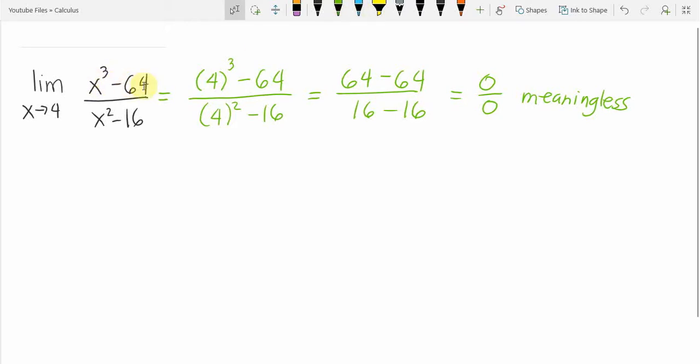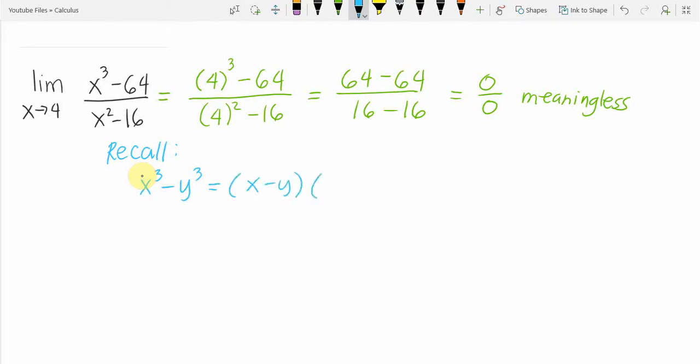X cubed minus 64 is actually difference of two cubes, and we want to recall our formula for difference of two cubes. For example, we have x cubed minus y cubed. Our pattern is x minus y times x squared plus xy plus y squared.